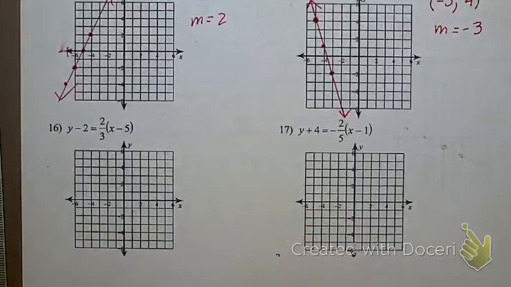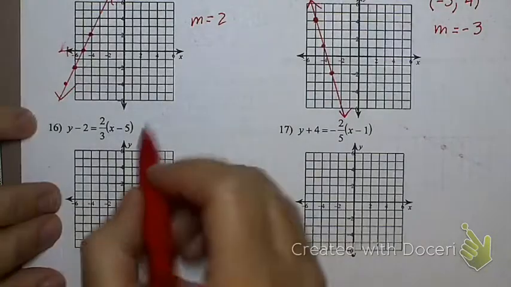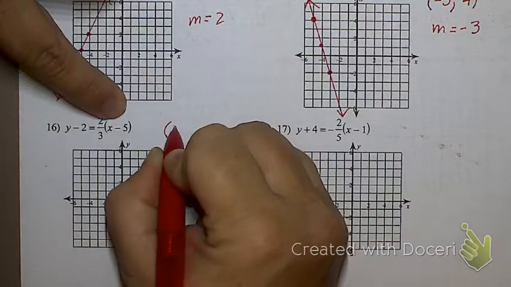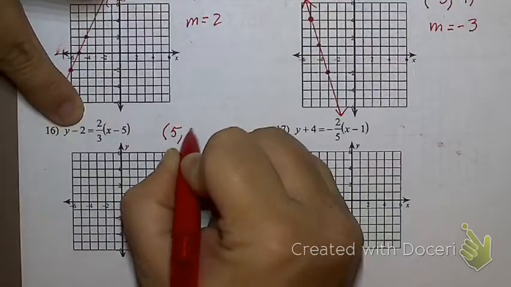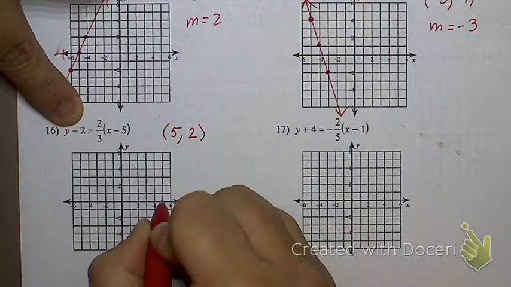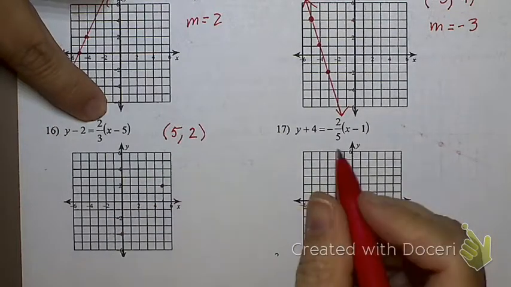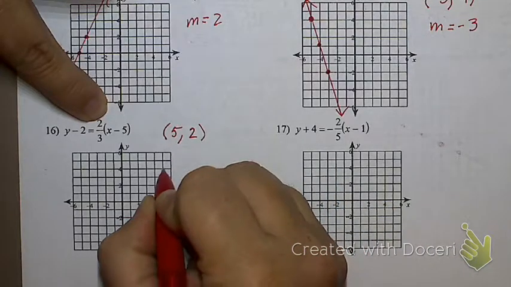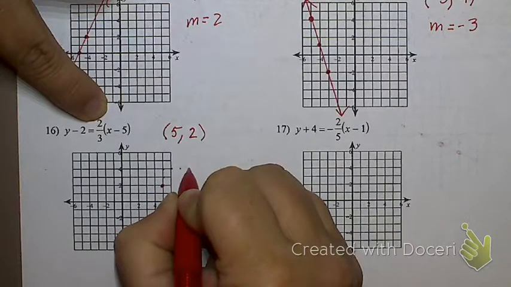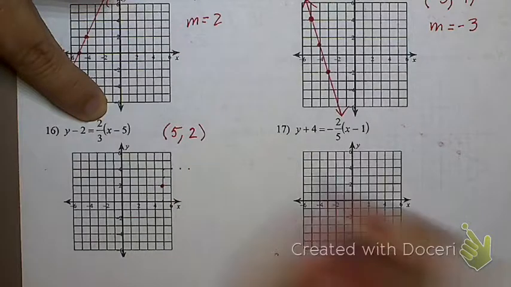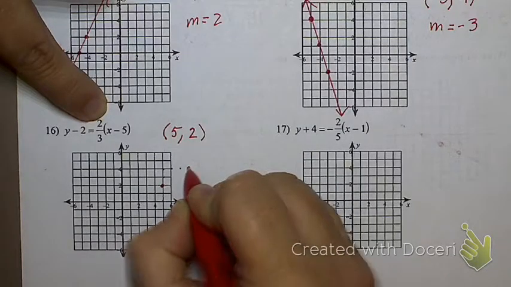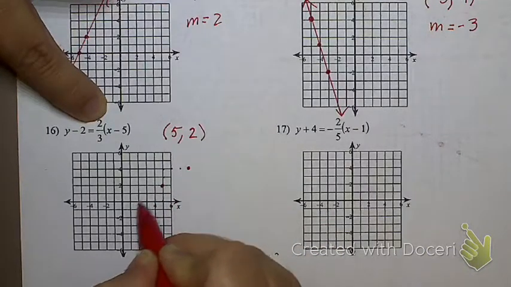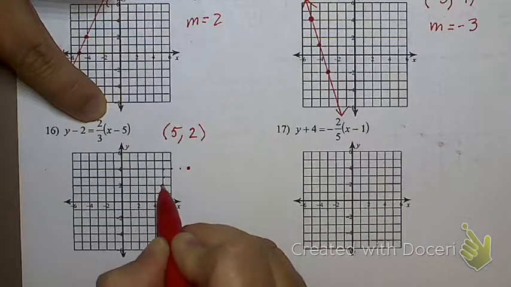Go ahead and graph those. All right, what's the point here? What's the x value? And the y value? 2. Okay. 5, 2. And the slope is what? 2/3. So I need to go up 2, I can't go over 3 and remain on my grid, can I? I know that the point would end up here. So let me think backwards and think what point was before this one.